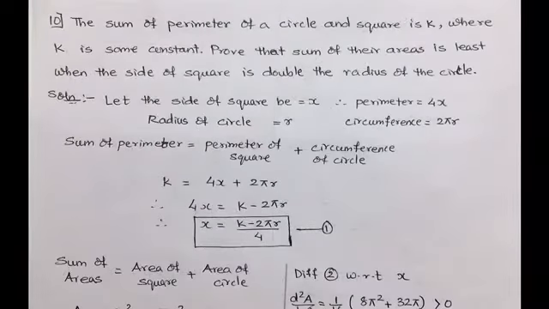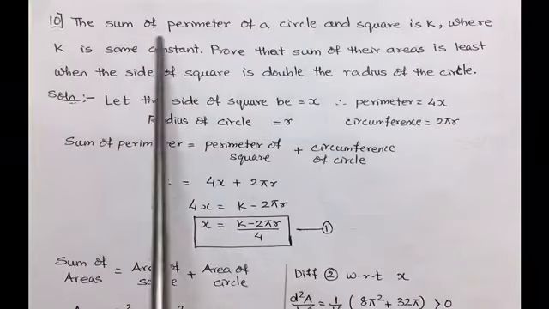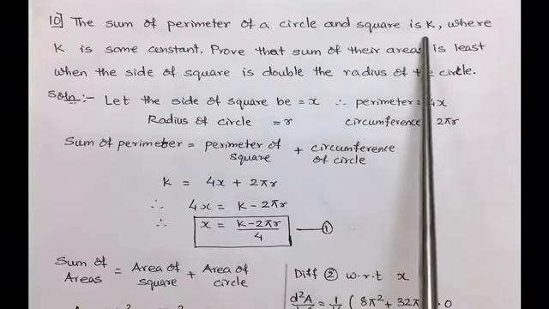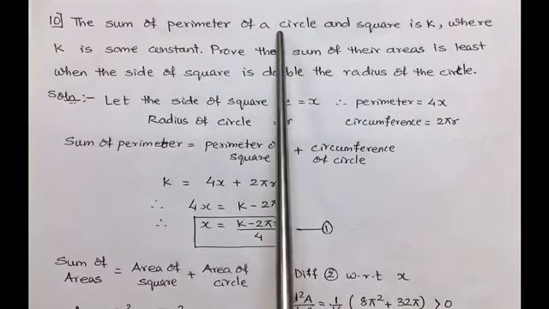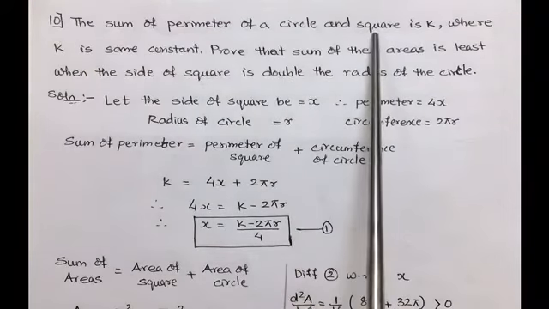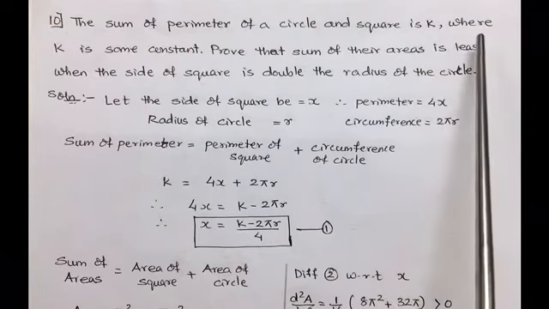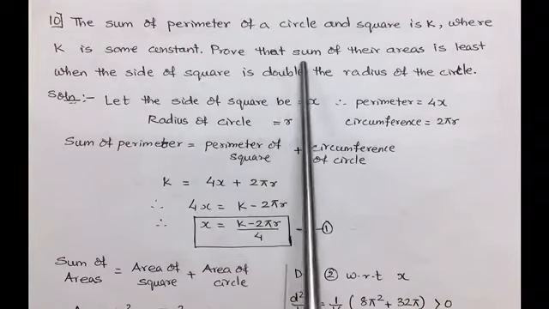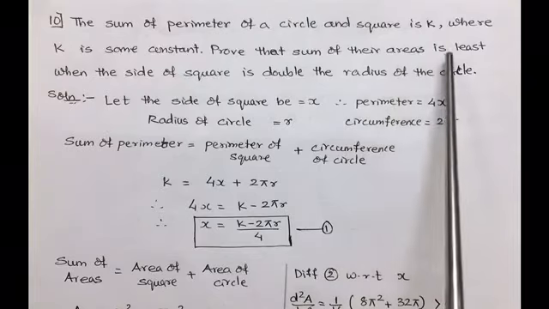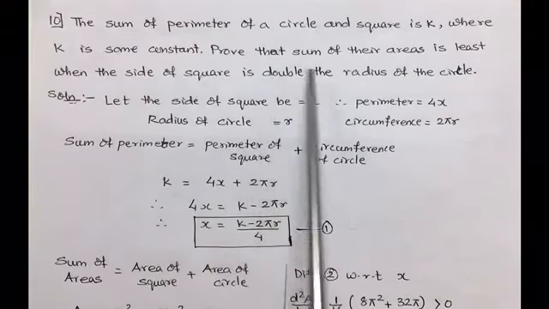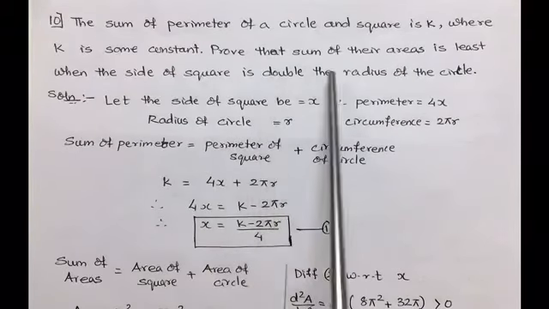Question number 10: the sum of perimeter of a circle and a square is k. That means the circle perimeter added with the square perimeter is a constant k. Prove that the sum of their areas is least when the side of the square is double the radius of the circle.